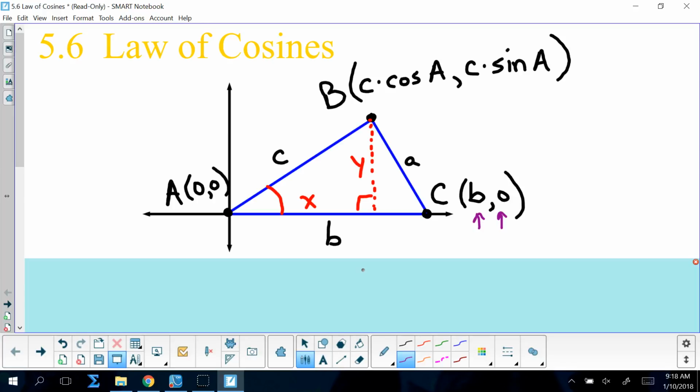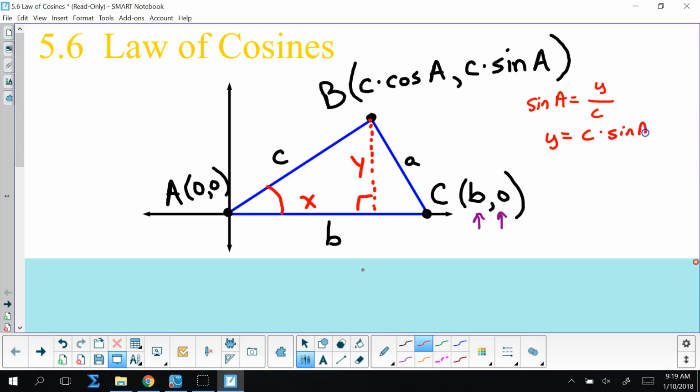If I drop the height here and call it y instead of h, because I need the y component to point B, then the sine of angle A is going to be y over c, which means y is equal to c times the sine of A, that y component to point B. I could also say from angle A that the cosine of angle A is x over c.